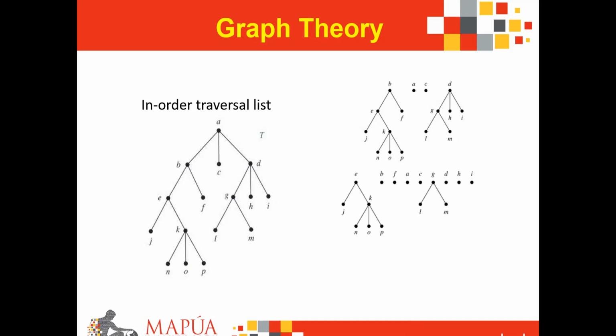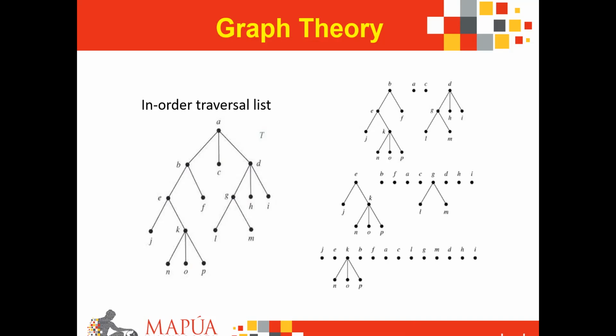Note that vertex E still has children, likewise vertex G, and seen here as well as vertex K. So if we go down one level now for the parents E and G, we place their children on either side of this parent, we end up with this partial list.